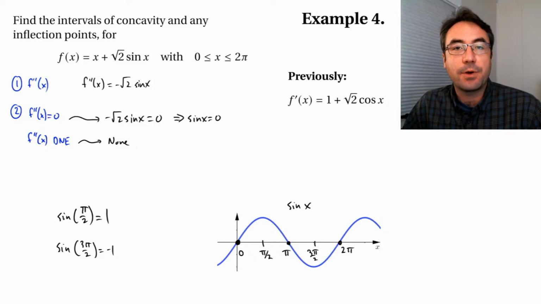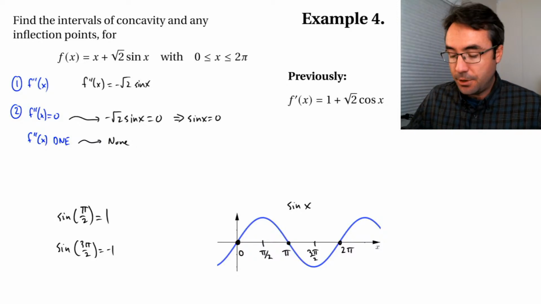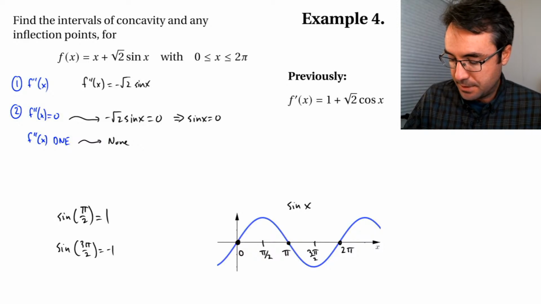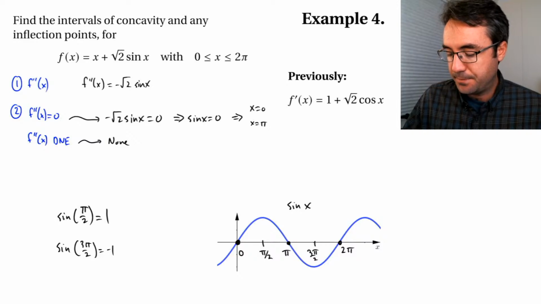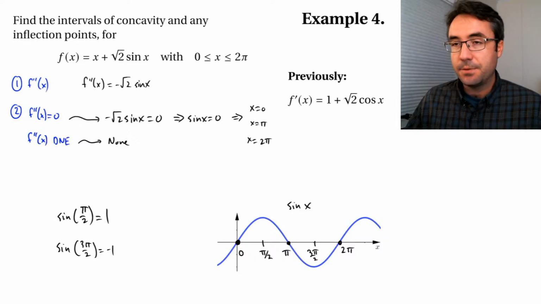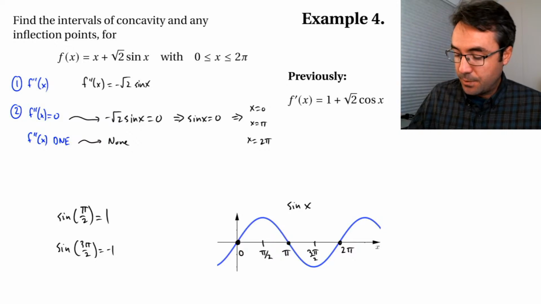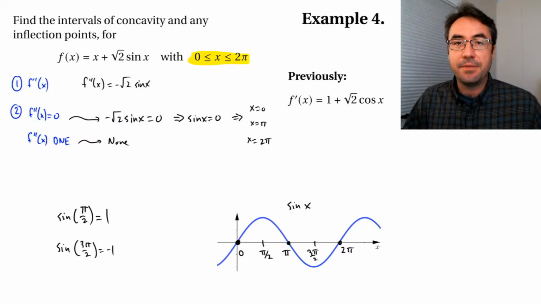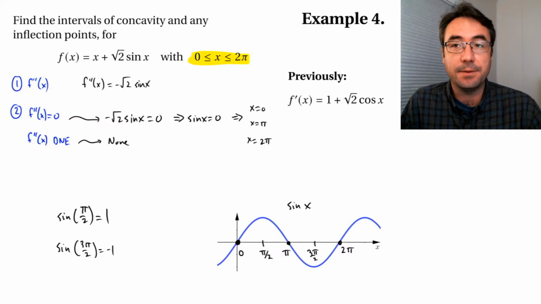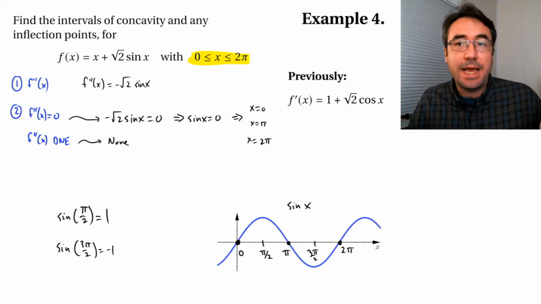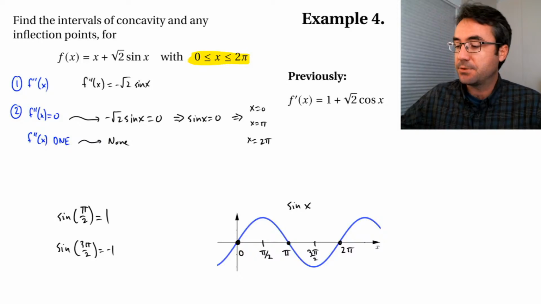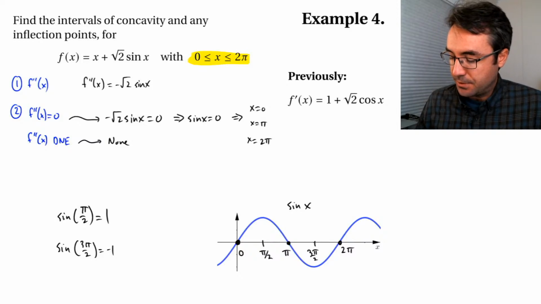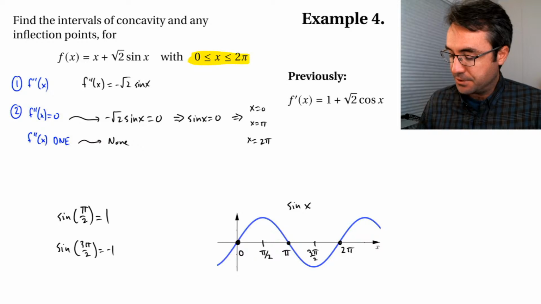Looking at the graph of sine, we know that happens at 3 places: x equals 0, x equals pi, and x equals 2 pi. Those are the 3 places on this closed interval from 0 to 2 pi. It happens at the endpoints, so we'll see what that means when we do our sign chart. So let's keep those three x values in mind.